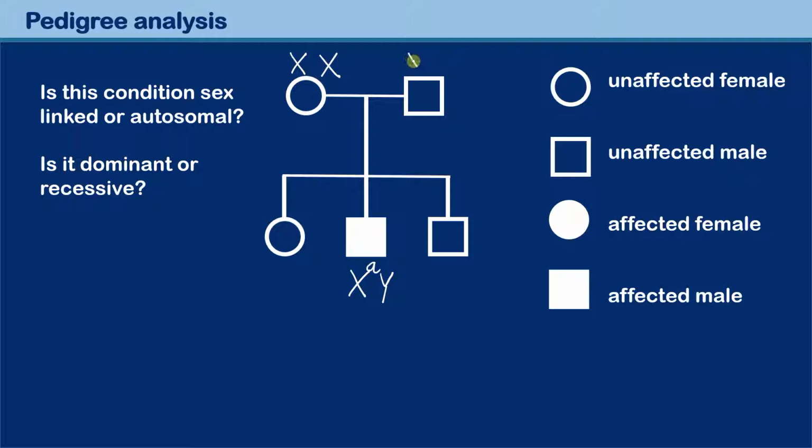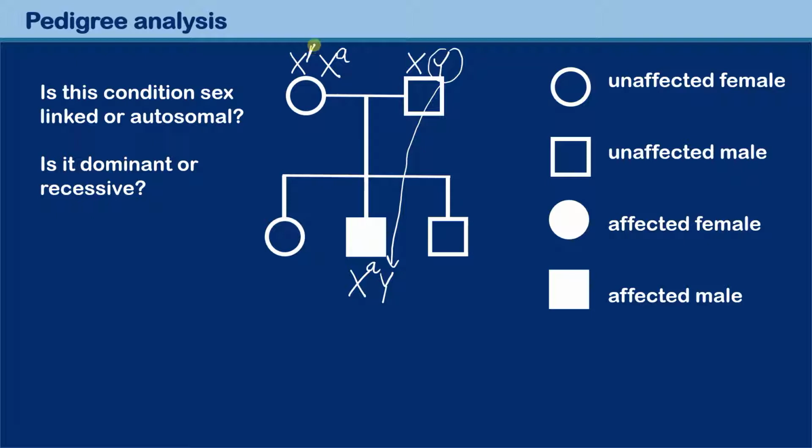Over here, this is the father, XY. The boy down here inherited the Y chromosome from the father and must have inherited the recessive allele from the mother. But the mother is not affected.